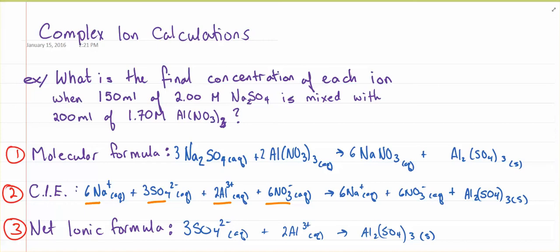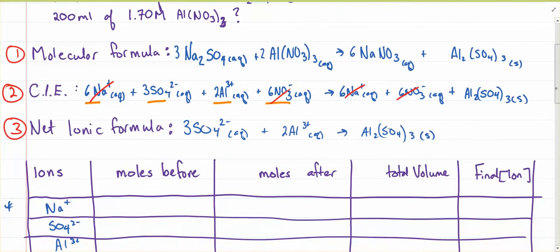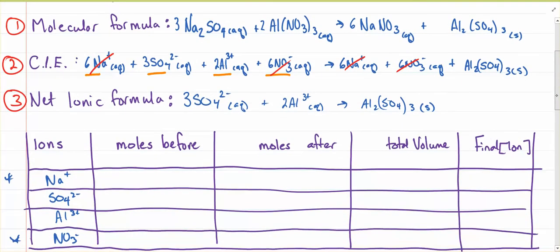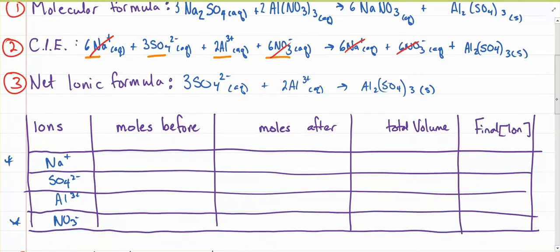So I'll have 6 Na+ (aq) plus 3 SO4 2- (aq), 2 aluminum, 6 nitrates, 6 sodium, 6 nitrates, and then the solid. When I work through this, I can cancel out everything that's the same on both sides, which is the sodium and the nitrate, and that will leave me with my net ionic equation, which is 3 sulfates plus 2 aluminums to give me aluminum sulfate.